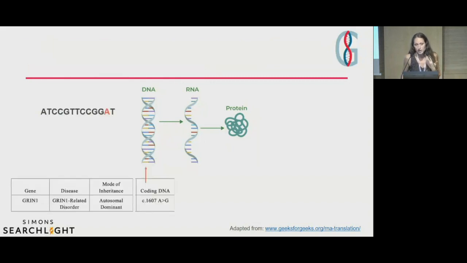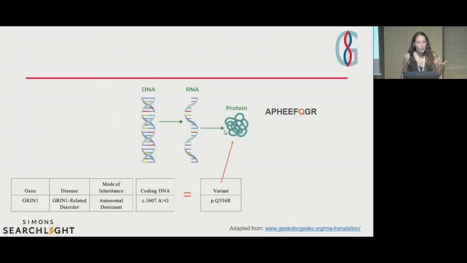But what you might have seen on your genetics lab report is, for example, GRIN1 and a c dot, which means your DNA coding sequence. This shows that in the reference genome, at site 1607, where there's usually an A, it became a G. This small change, which usually happens spontaneously, changes the ultimate structure of the protein.